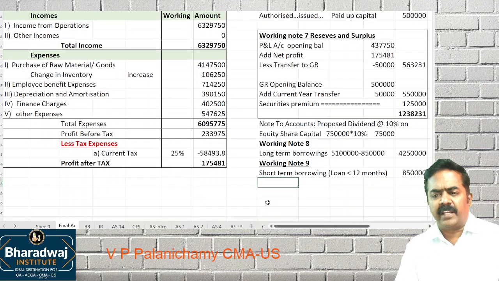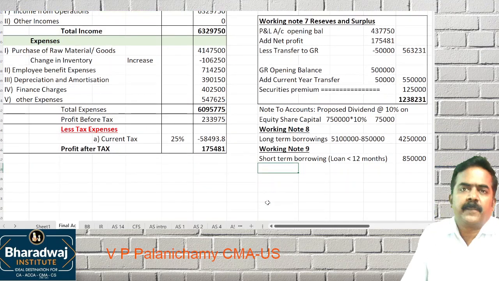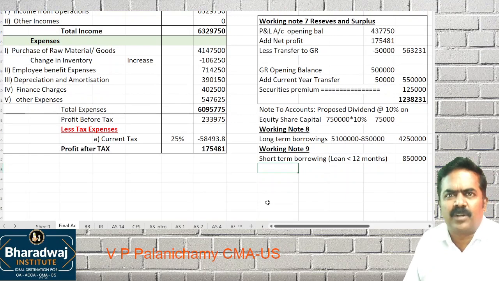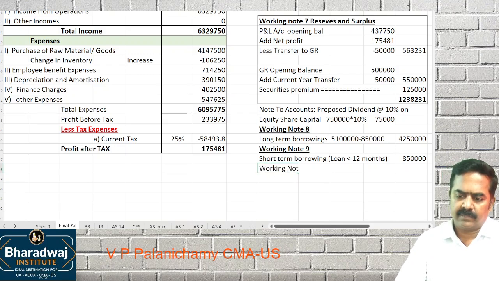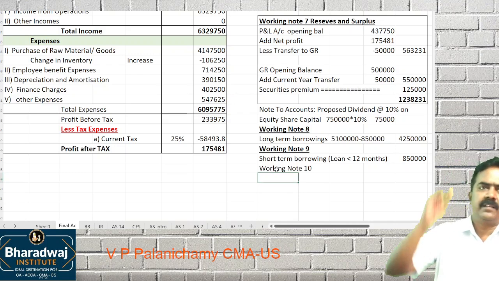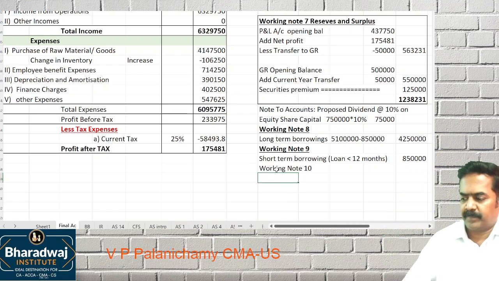No need to prepare a working note for trade payables. Why? Already directly given, no adjustment for trade payables also. Which working note is next required? Think in the order of liabilities.